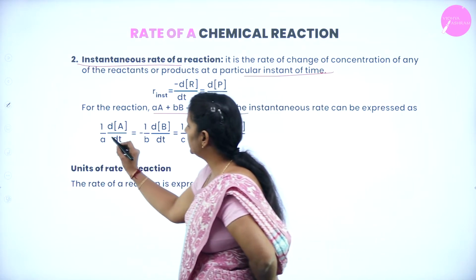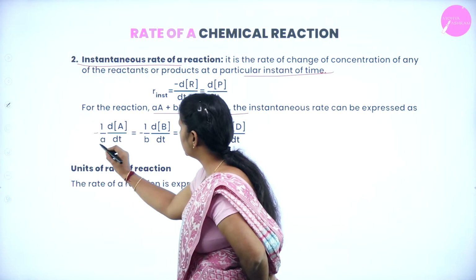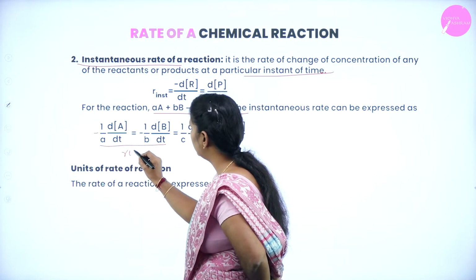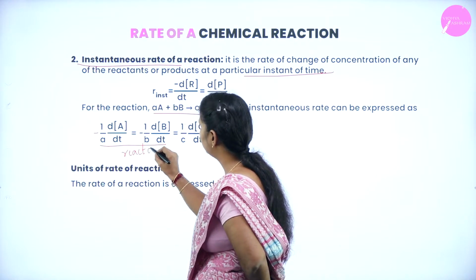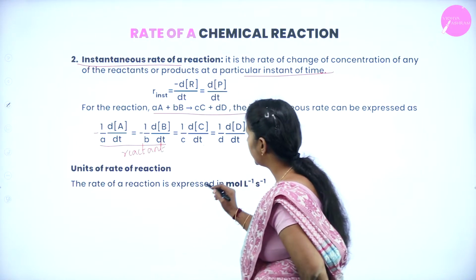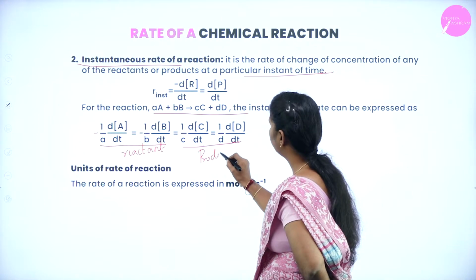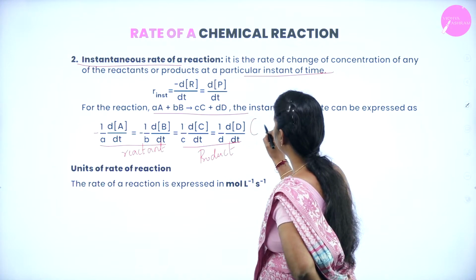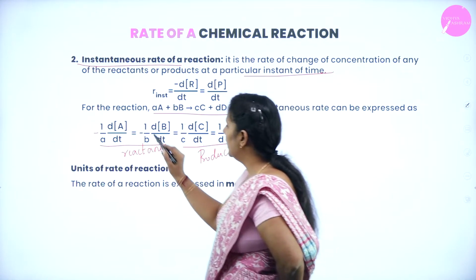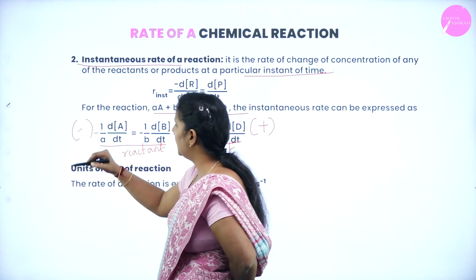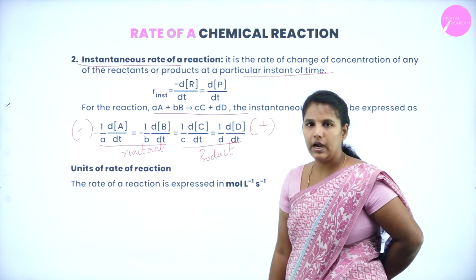Remember, these two are the reactants, and we have written the instantaneous rate, and these two are the products. We know that we express the product with a plus sign and the reactant with a minus sign. Understood?